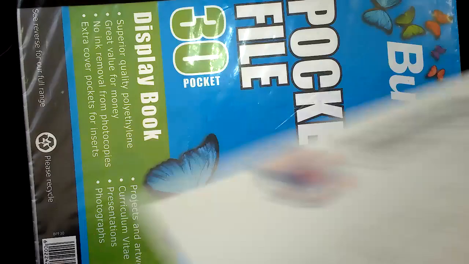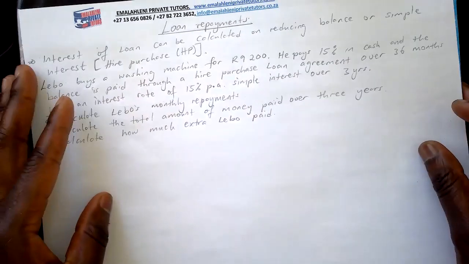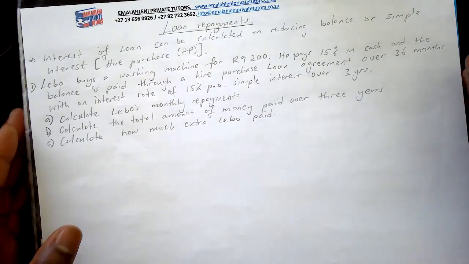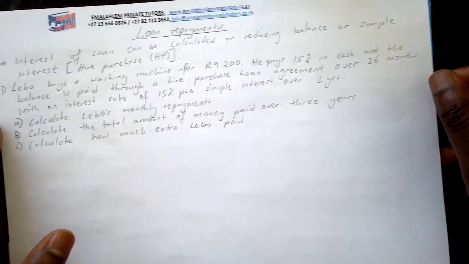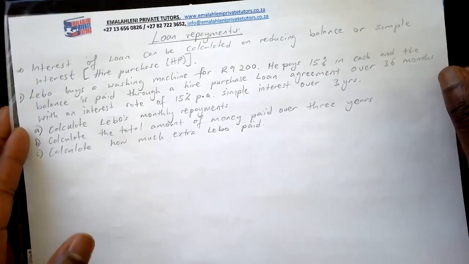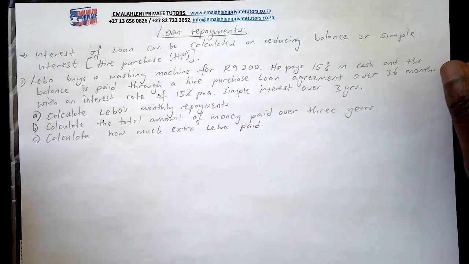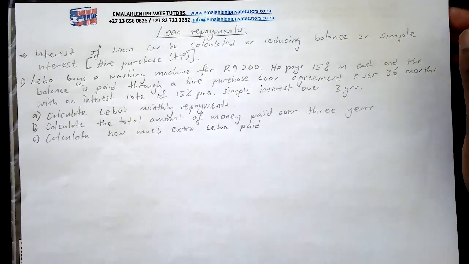Okay, let's move on to the last part here, which is about loans. Remember, when you borrow money, you have to return it. There's no way you can borrow money and not return it. So we need to understand how it works. The interest on a loan can be calculated on a reducing balance or as simple interest.